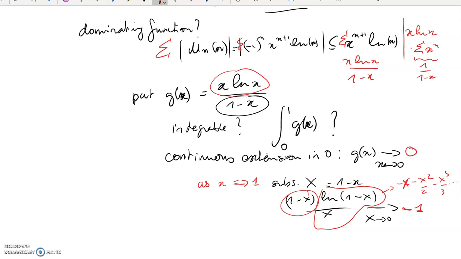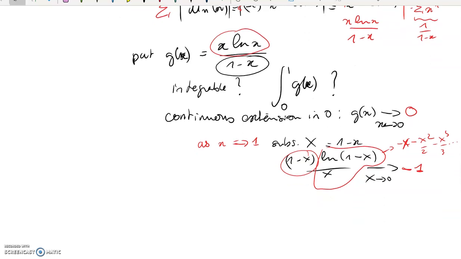So we also have a continuous extension in 1, so the function is indeed integrable between 0 and 1, because we proved that both problems could be simply solved by looking at the limit. So what do we get? Conclusion from that part: we apply the Lebesgue dominated convergence theorem with the dominating function that we have found.